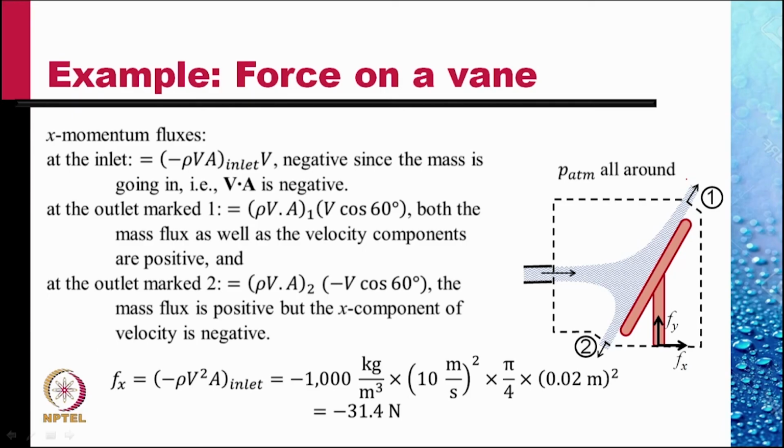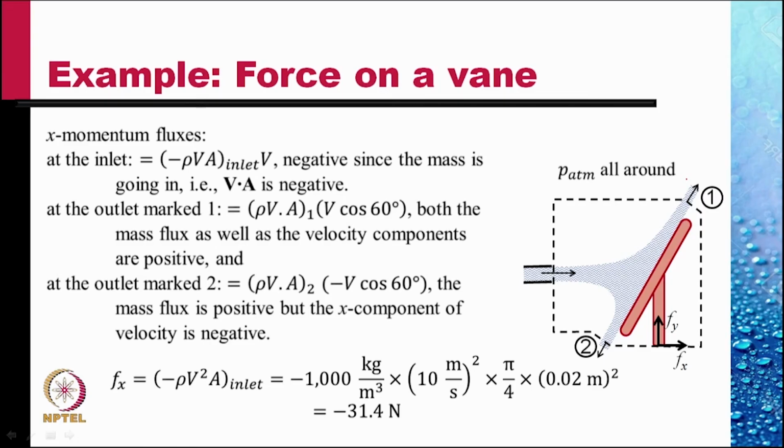You see the efflux at 1 and efflux at 2 cancel one another out if the jet divides equally. So the mass fluxes at 1 and 2 are the same. The velocities are equal but opposite. So the flux at 1 cancels out the flux at 2.